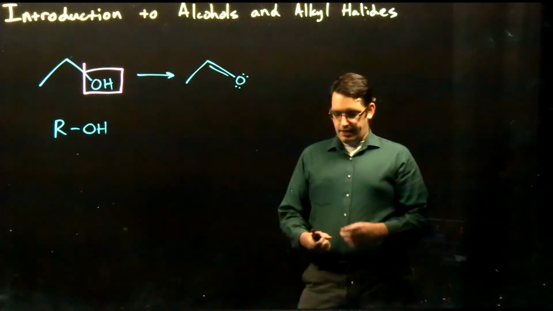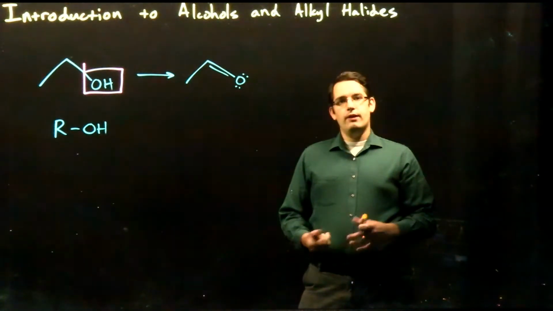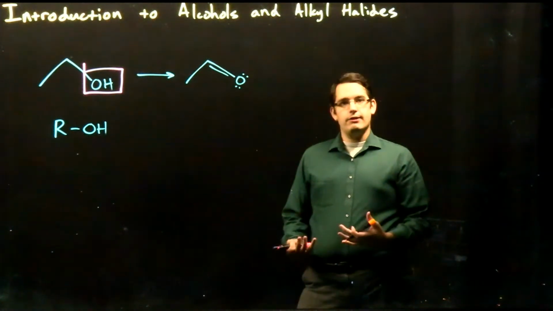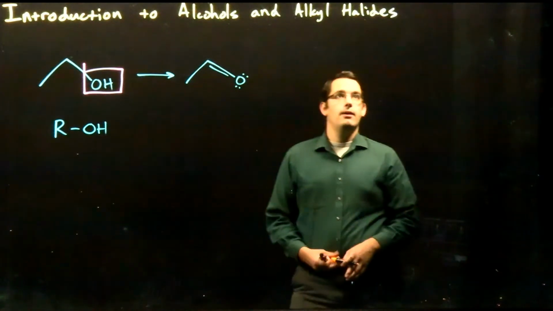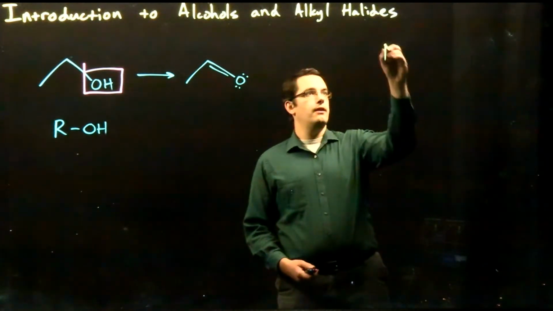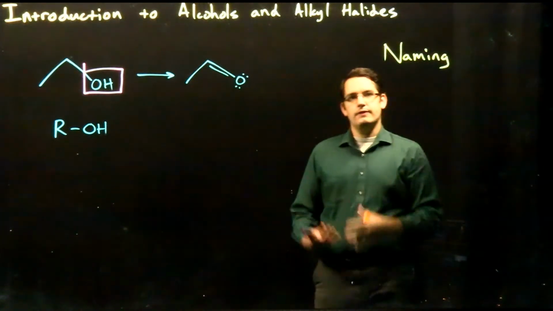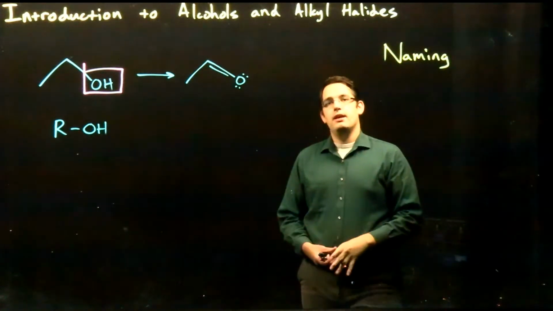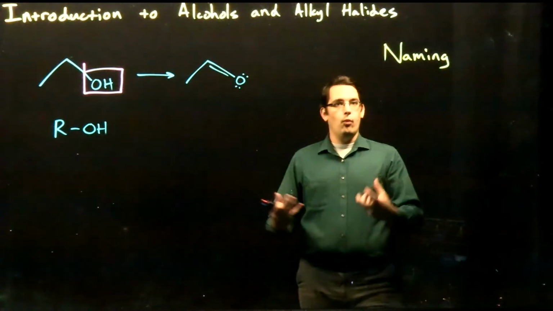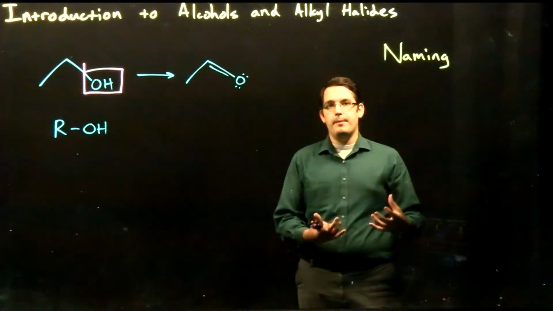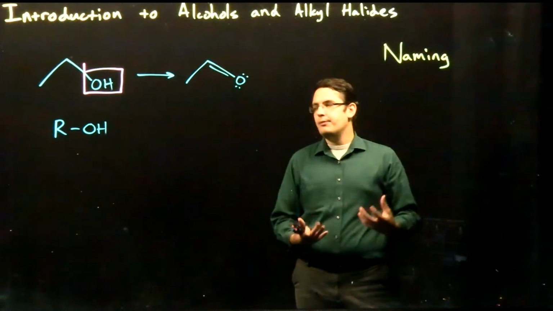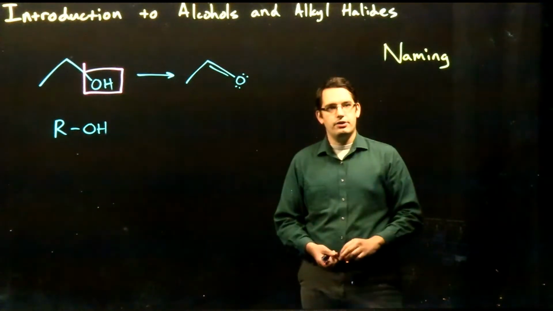Now, the reactivity of alcohols is just one of the things that we need to consider in order to understand our alcohol functional group. We also want to look at the naming of our alcohols, right? So we use our systematic naming system in order to determine what our structure looks like just from the name, or to determine what kind of name we have just by looking at the structure.